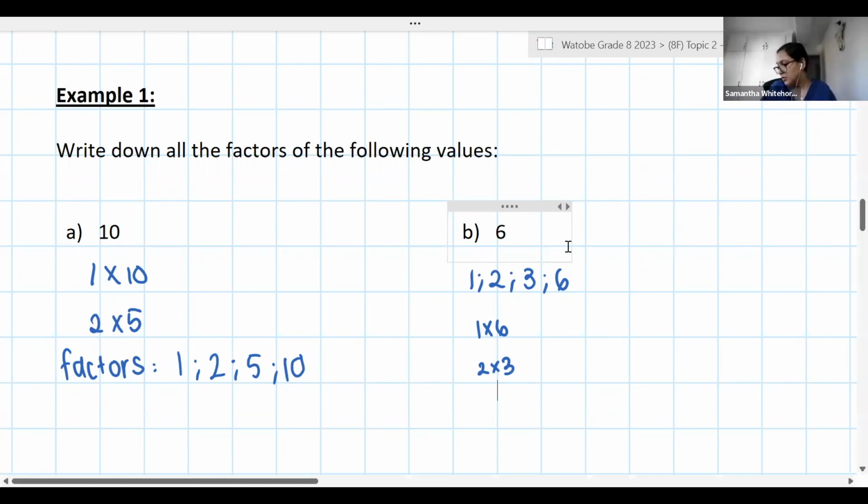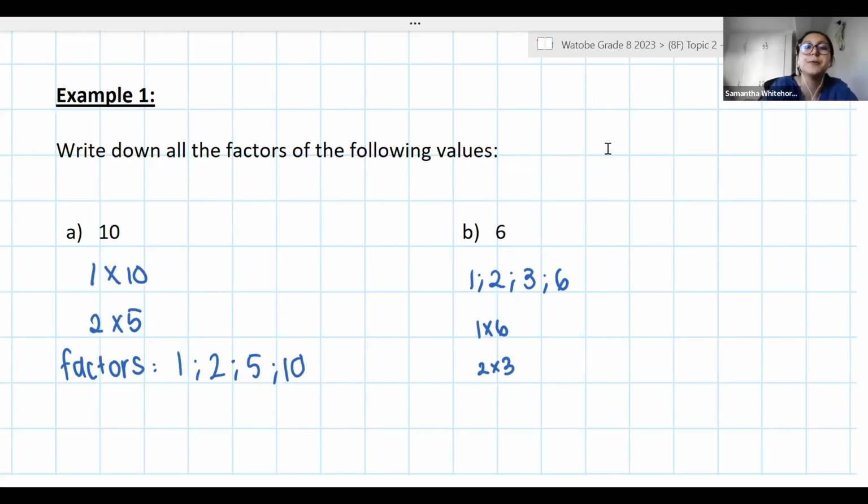Callan also used a word there, composite numbers. We'll chat a little bit more about this as we go along, but composite numbers are basically numbers that are not prime numbers. Now, prime numbers are numbers that only have 1 and themselves as factors.